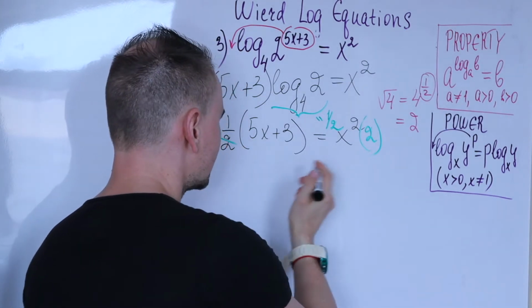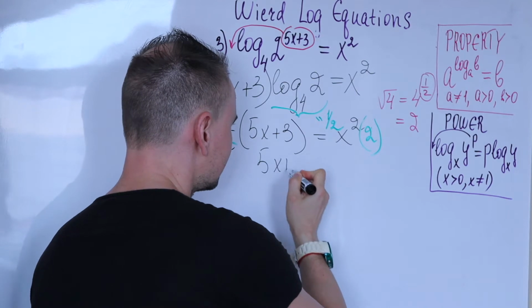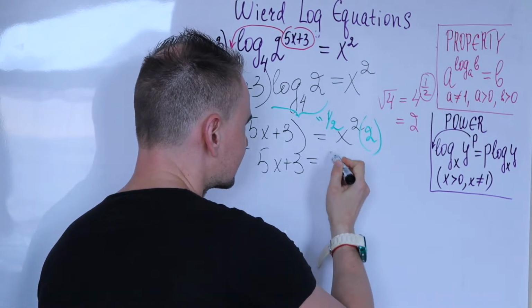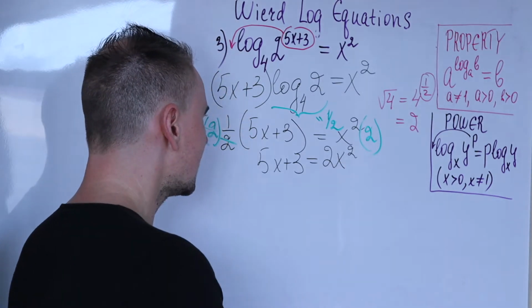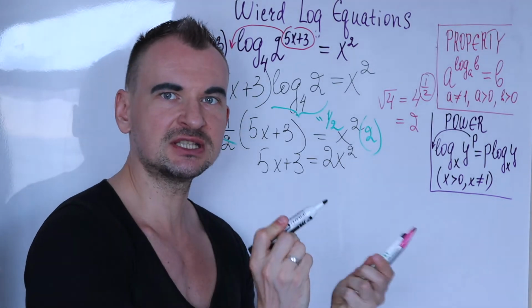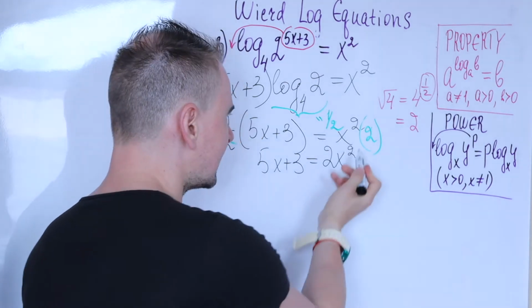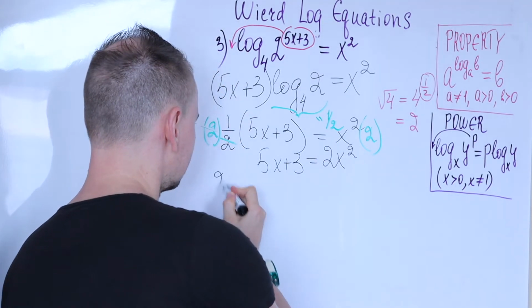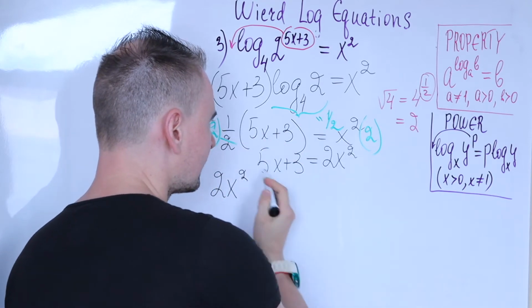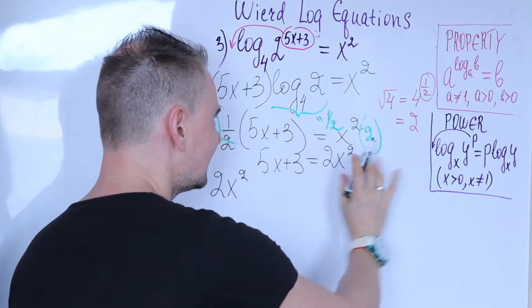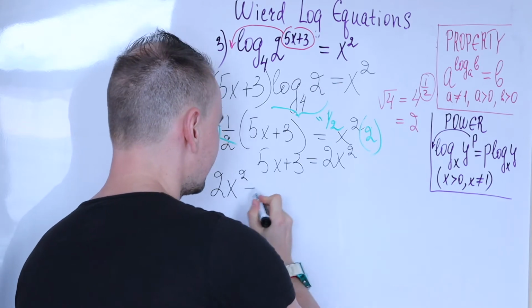So it becomes 5x plus 3 equals 2x squared. Then rearrange it into standard form by writing 2x squared as the first term, and bring all of these terms to the right side by subtracting them.